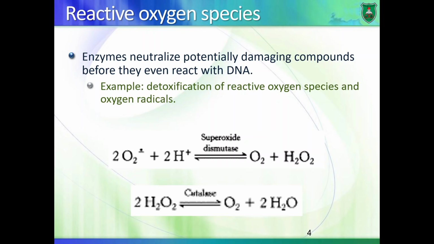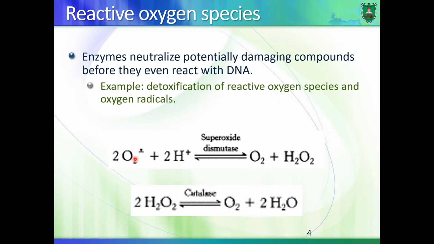They participate in reactions. An example is oxygen radicals. These radicals are molecules containing oxygen and they are missing an electron. So they are represented this way. So you have oxygen with a lone electron.